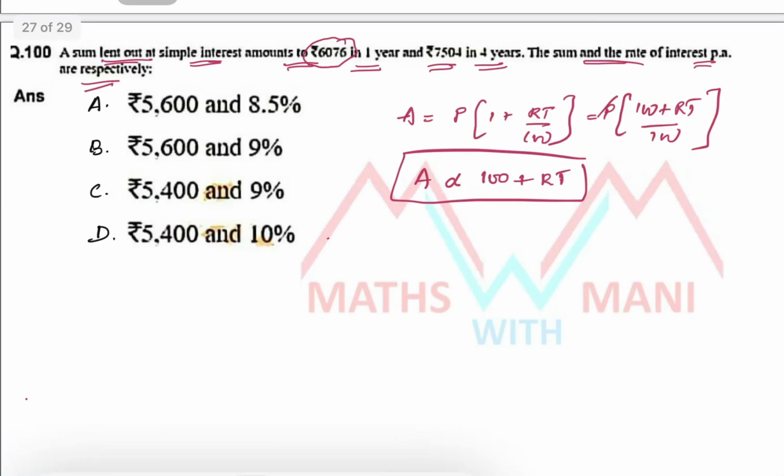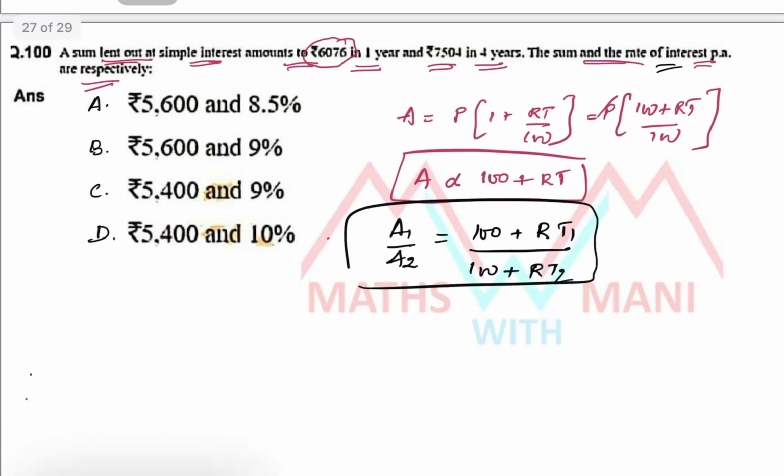That means I can write A1 by A2 equals 100 plus R1 T1 by 100 plus R2 T2. Suppose in both the cases here, what is constant? Rate of interest is also constant. So I can write down directly 100 plus RT1 and 100 plus RT2. That's it. So what is the initial amount? 6076 for 1 year.